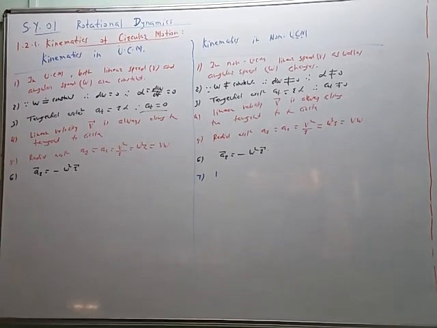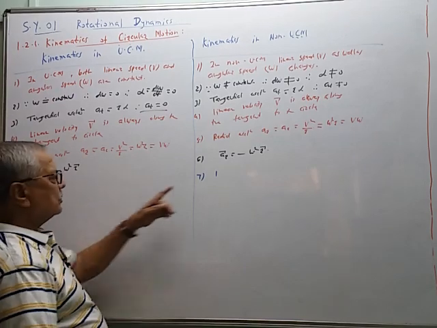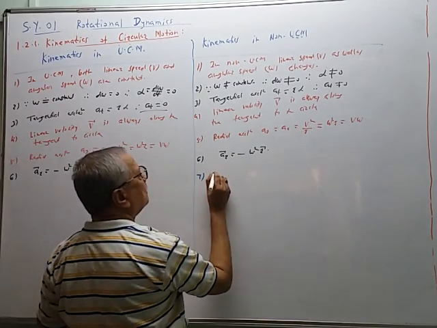Now the additional points for non-UCM, kinematics of non-UCM. Some points are extra, not existing here. Point number 7.